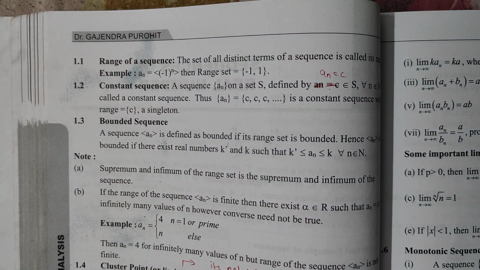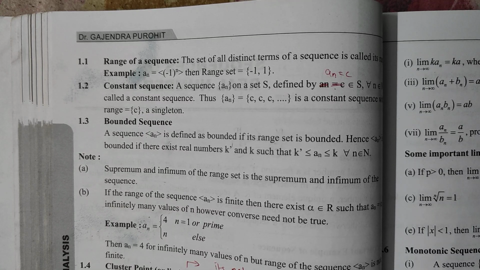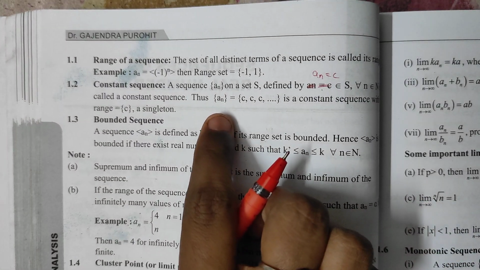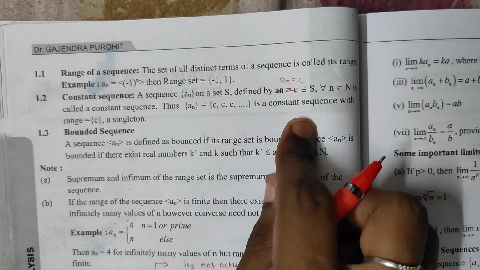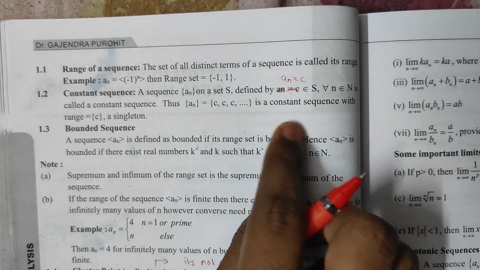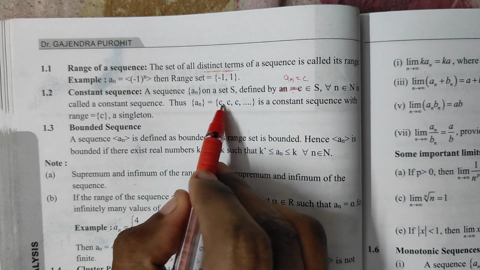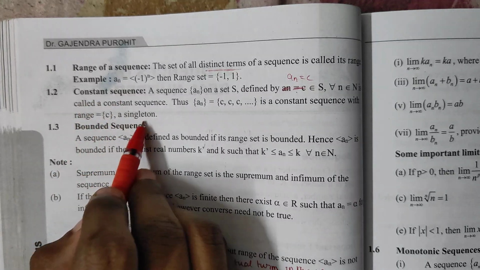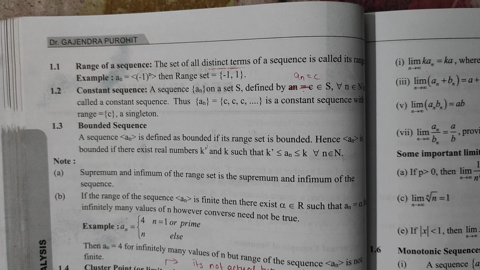So a constant sequence means every a_n is equal to only one number. Consider this sequence, a_n is equal to c. If you consider the range, you have to consider only distinct terms, so only one element, which is a singleton. Therefore the range of a constant sequence is always a singleton set.